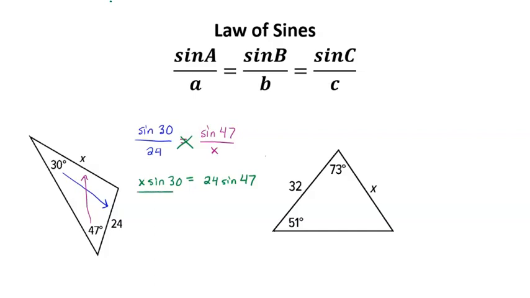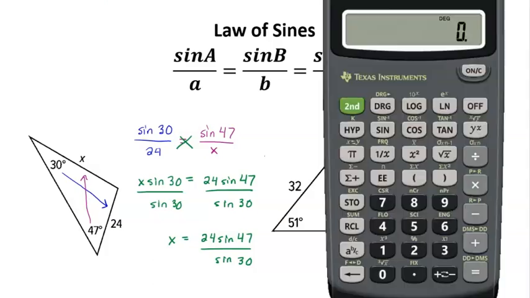So to get x by itself, we're just going to divide both sides by sine 30. And so now I have x is equal to 24 sine 47 over sine 30. And then we're going to type that into our calculator.